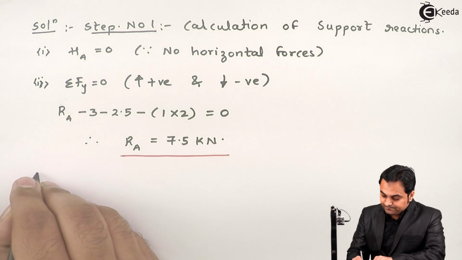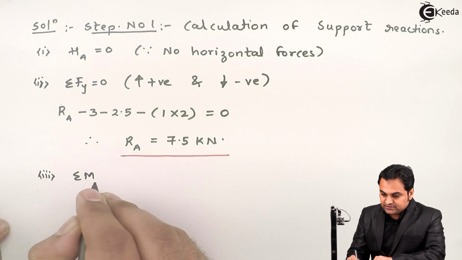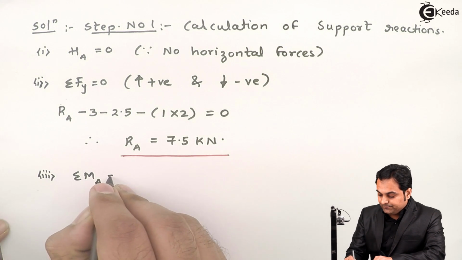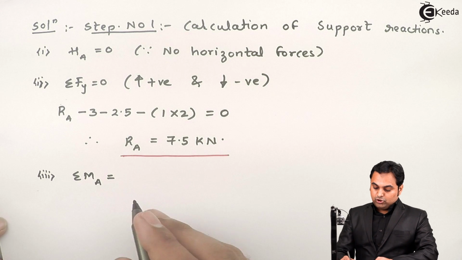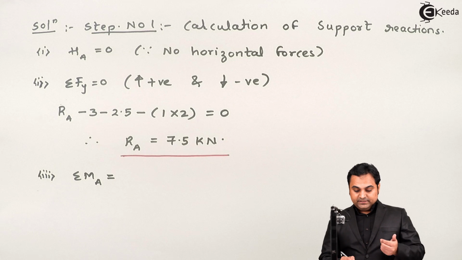Next, I'll also calculate the moment. So taking summation of moment of all forces about point A, and here my convention is clockwise moments would be treated positive, anti-clockwise would be treated as negative.